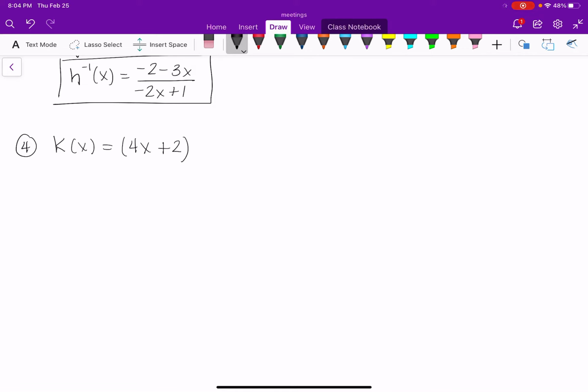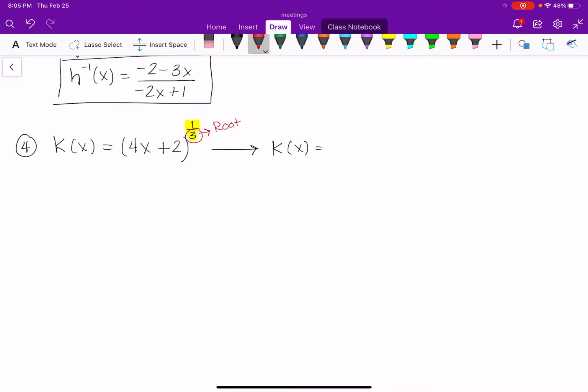4x plus 2 to the 1/3. Now, if you don't like the fact that this is a fraction with this 1/3, you can rewrite this if you want to. It is up to you. You could say that this is k of x, and then this little 3 right here in the denominator is your root.